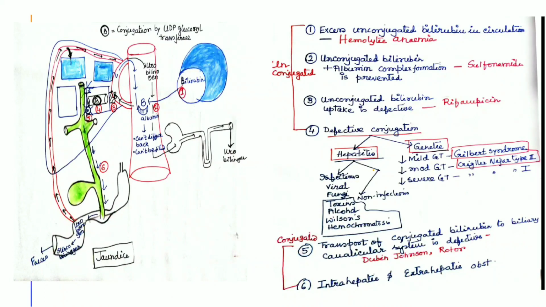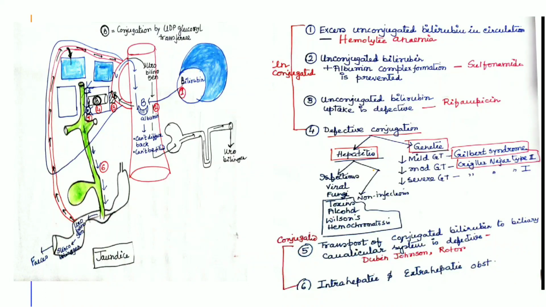unconjugated hyperbilirubinemia also. And if there is some kind of hepatitis, hepatitis may be of so many types: viral hepatitis, fungal hepatitis, toxins, alcoholic hepatitis, so many causes of hepatitis are there. Some are infectious, some are non-infectious. In that case also the conjugation procedure may be defective.